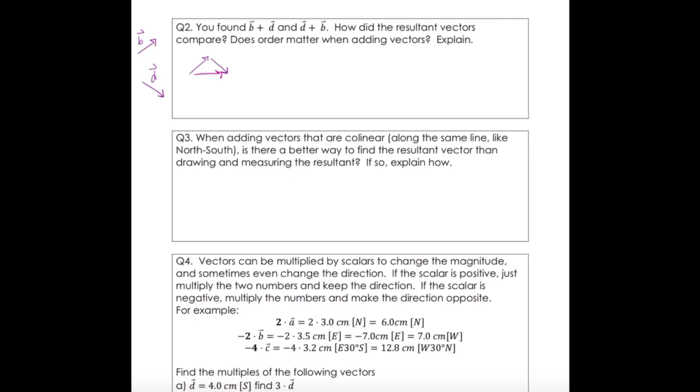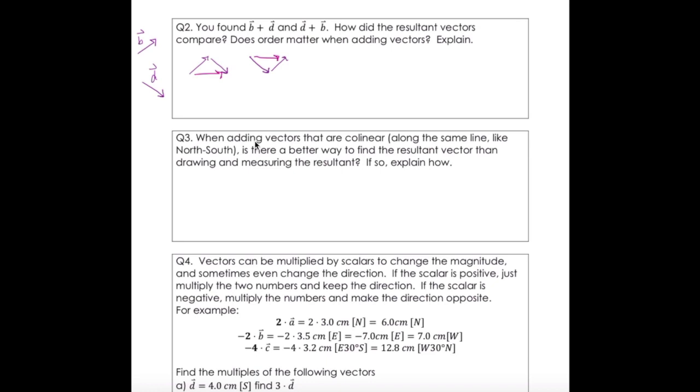If we had D plus B, it would be that, and our resultant would be this. So it doesn't matter when adding vectors, because it's commutative. These are both going in the same direction, so we would be adding them, compared to if they were going in opposite directions, we'd be subtracting them.